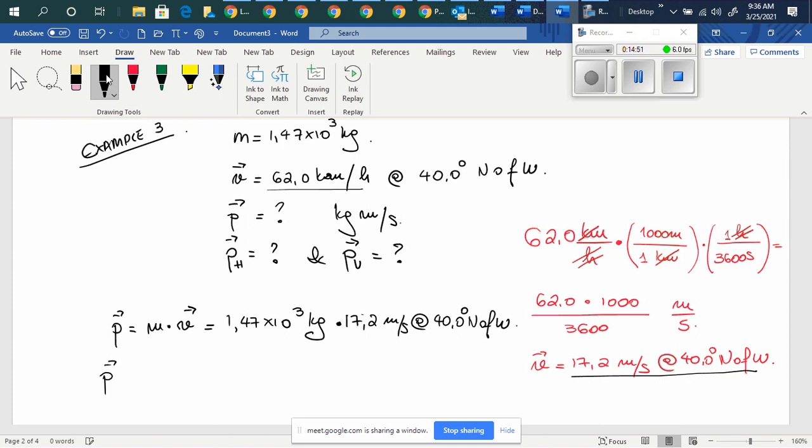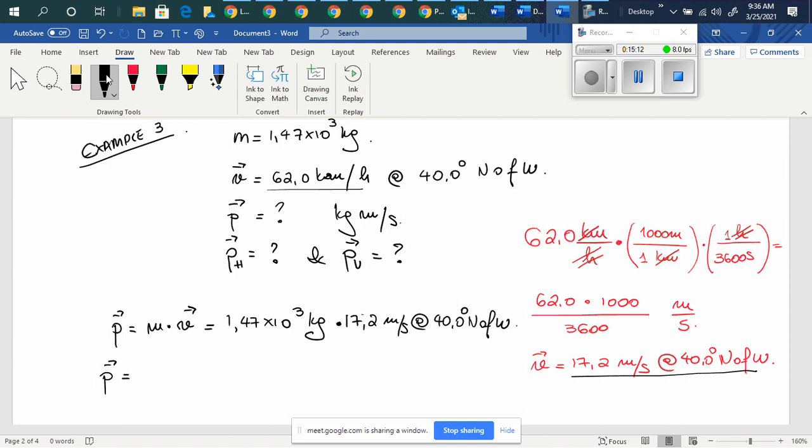Because momentum and velocity have the same direction, keep that in mind. Every time they are asking you what is the direction of momentum, if you know the direction of the velocity, you don't have to do any calculations for that.